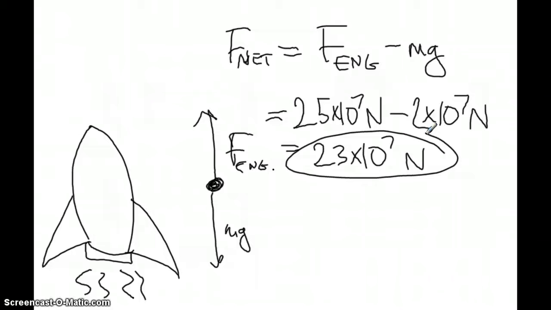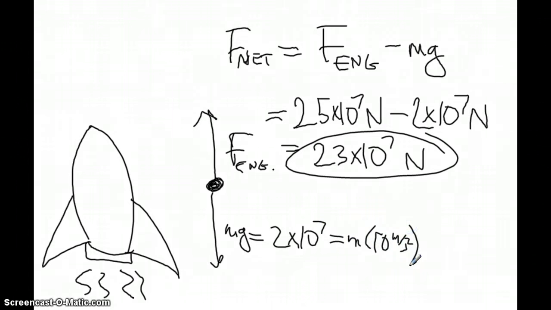Good. So this is what she did. She realized that mg is equal to this. So if I divide 2 times 10 to the 7th by 10, what's my mass?